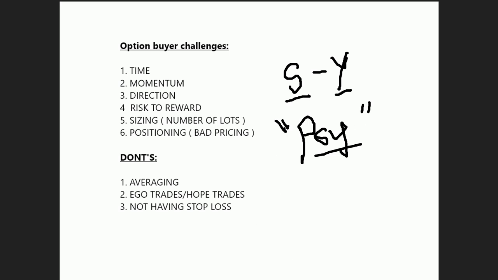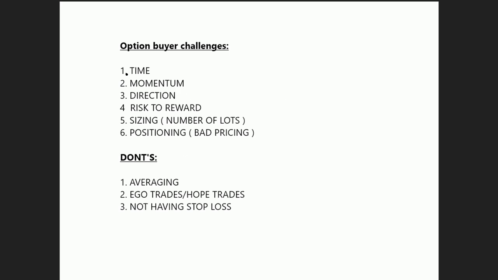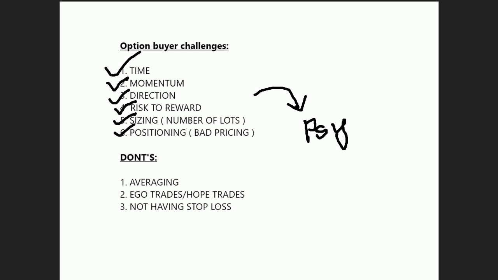For an individual to gain a psychological benefit, these criteria have to be considered: the time, the momentum, the direction, the risk to reward, the sizing, and the positioning. If these criteria are taken care of, there is very little chance that your psychology gets hampered.